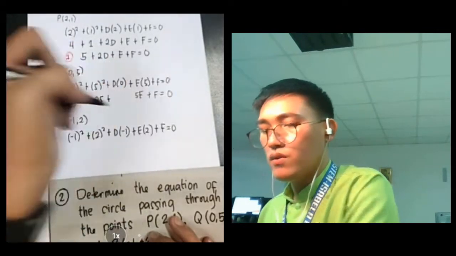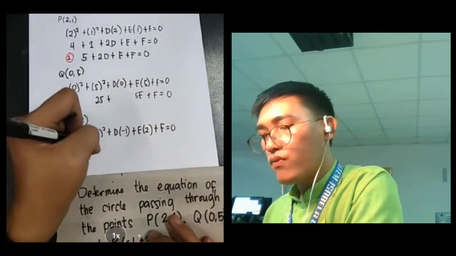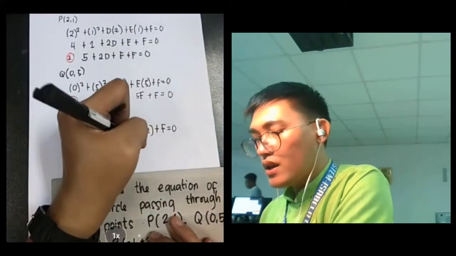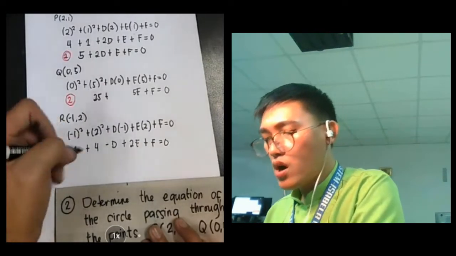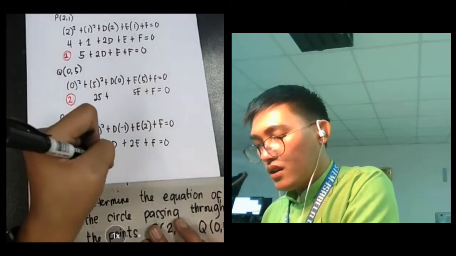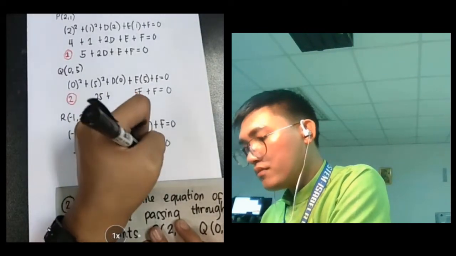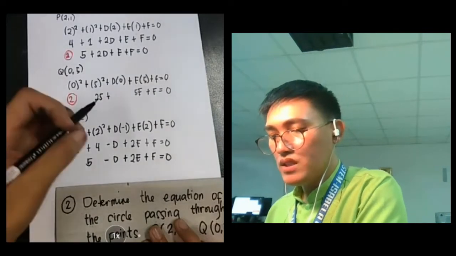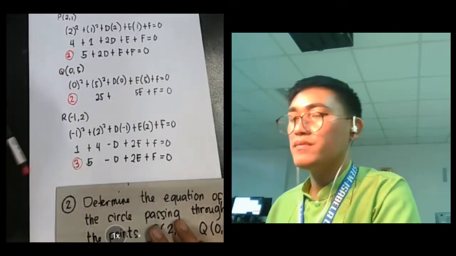Negative 1 squared is positive 1, plus 4, minus d plus 2e plus f is equal to 0. Combine like terms again. We have 1 plus 4, 5, minus d plus 2e plus f is equal to 0. We will name this equation number 3.